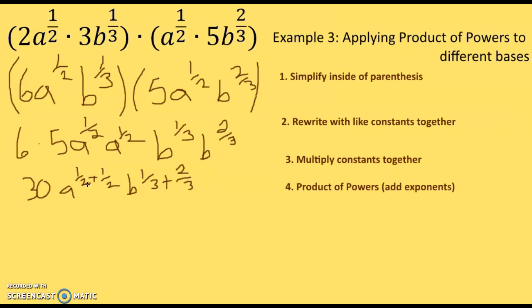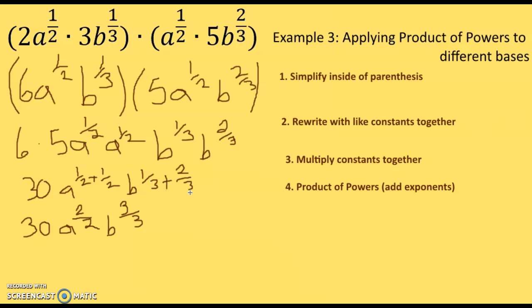You leave the name of the fraction alone, so this could be 2 over 2. So this could be 30 times a to the 2 over 2 power times b. 1/3 plus 2/3 is 3/3. You could add those together because, again, they have like denominators.